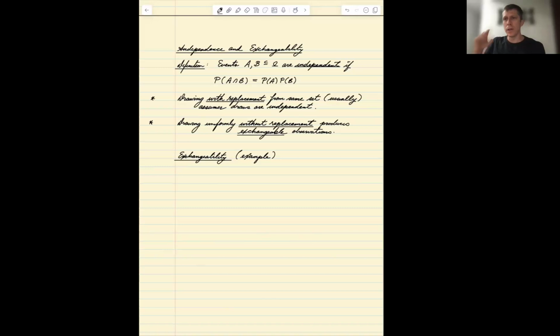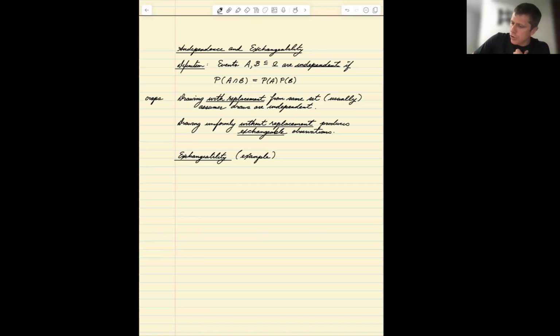Poker hands, when we calculate probability of poker hands, that is drawing without replacement, in the sense that when I deal you a 5-card hand, I deal your first card, and your second card comes from the rest. You don't put that card back. Obviously, you have 5 distinct cards.